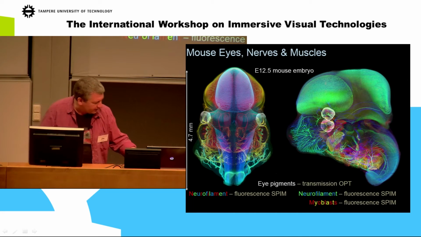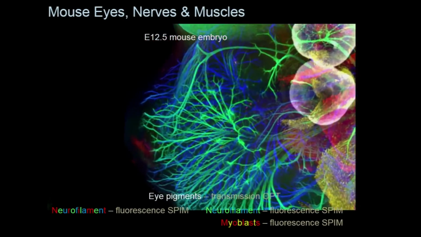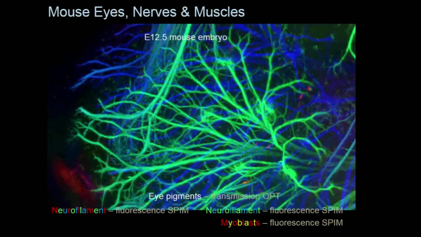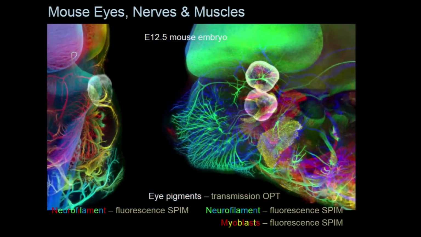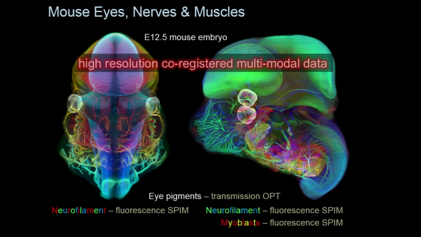The nice thing about this is, as I said, with the SPIM, you can really zoom in at high resolution and look at the fine details of these nerves in the face of the mouse. And then zooming back out. So what the system delivers is basically this high resolution, co-registered multimodal data. These are, again, max projections in 2 dimensions, but it's all 3D data in the end.